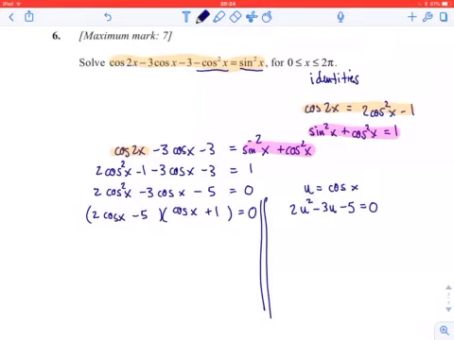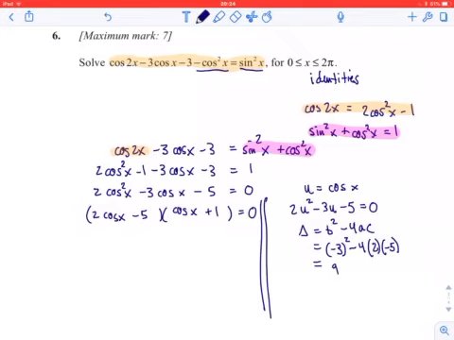How do you know if you could factor this? Well, this is where the discriminant comes in. The discriminant, we know, is b squared minus 4ac. And we can calculate this out. B for this quadratic is negative 3, so we're going to square that, minus 4 times a, which is 2, times c, which is negative 5.